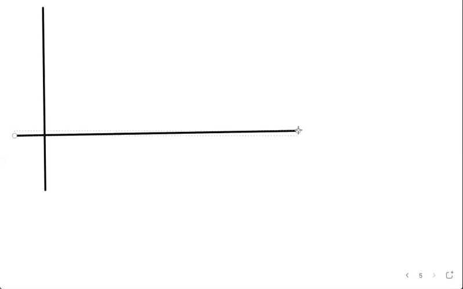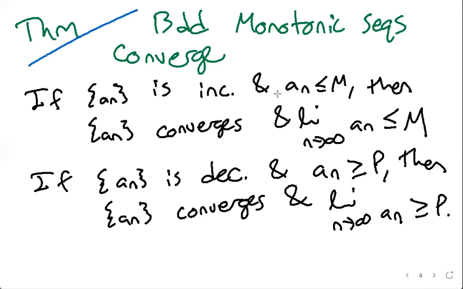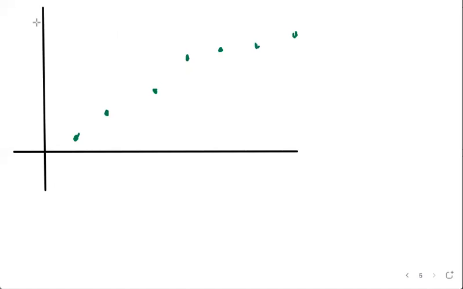Let's draw a picture for that first case. Suppose our sequence is increasing, like that. We are also given, as part of the assumption, that a sub n is increasing and there's an upper bound m. There's m right there.